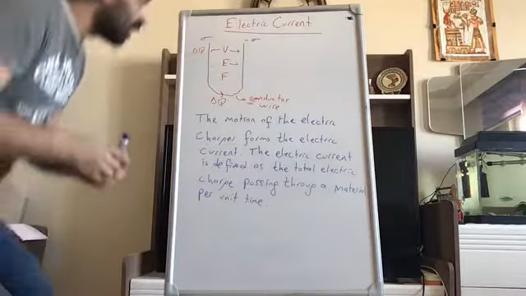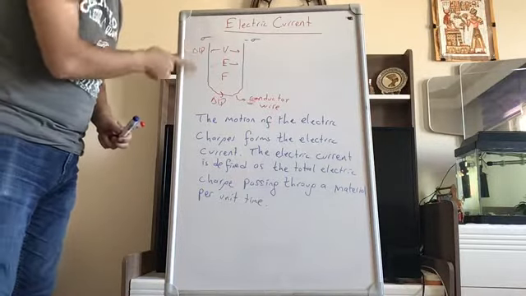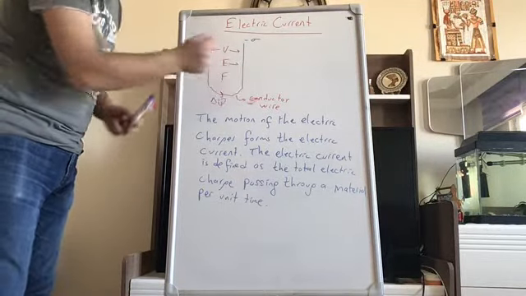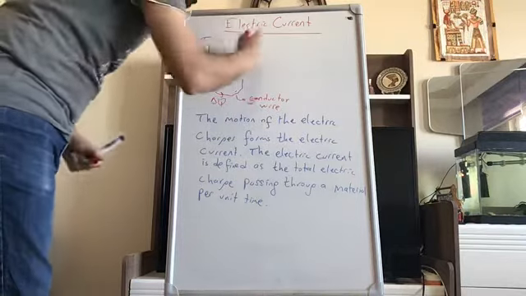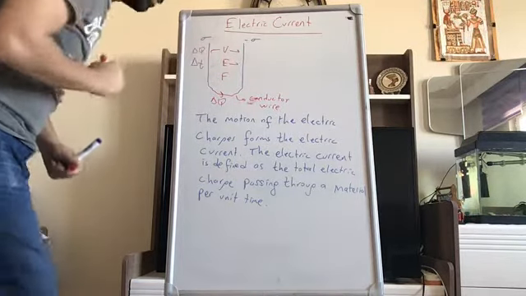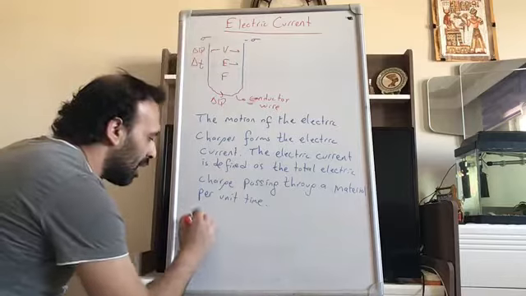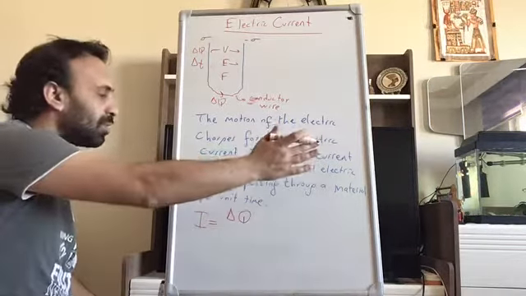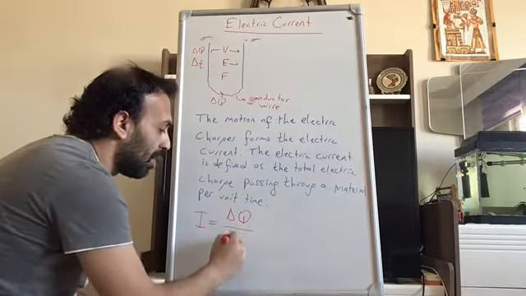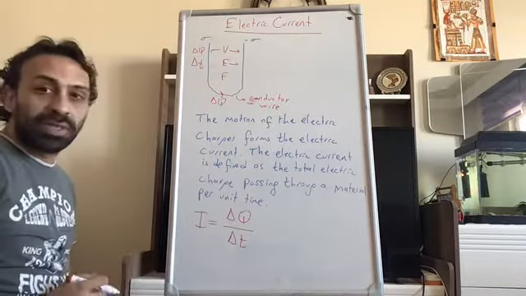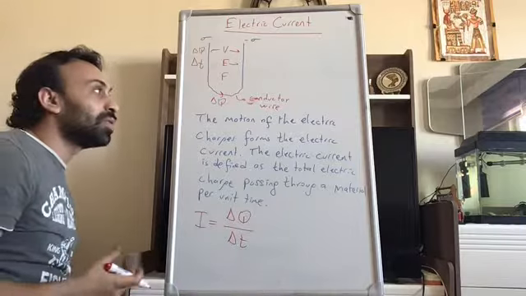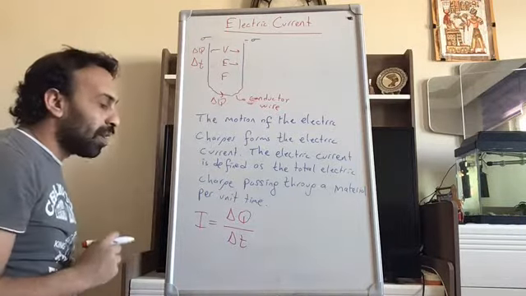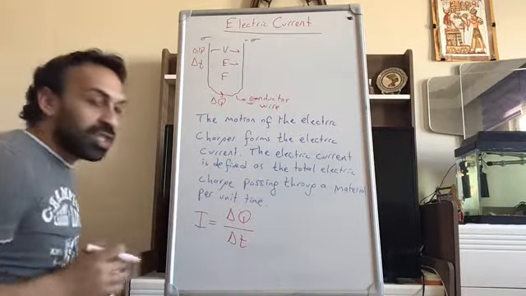So let's assume that the total charge passing through this conductor wire is delta Q, and the process takes time delta T. So the electric current I is defined as the total charge passing through the conductor wire per unit time, so delta Q over delta T gives you the electric current over this wire. Before proceeding, let's check its unit.